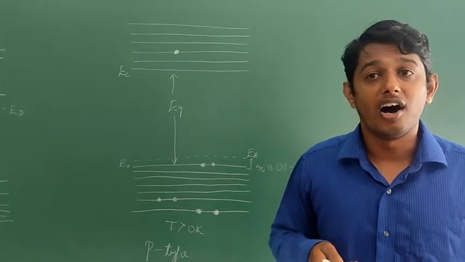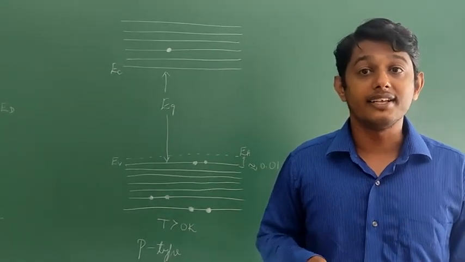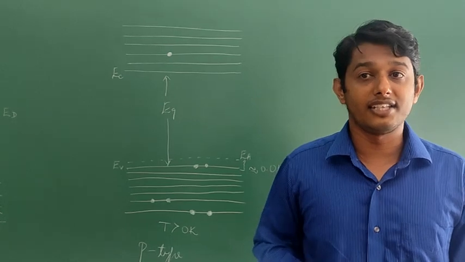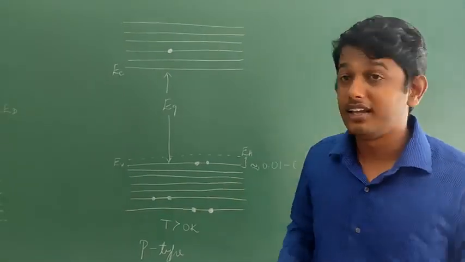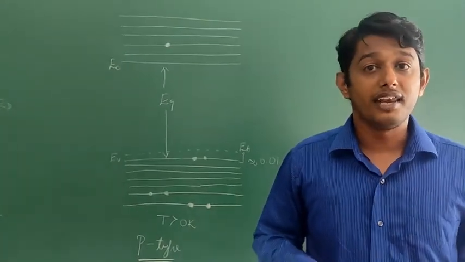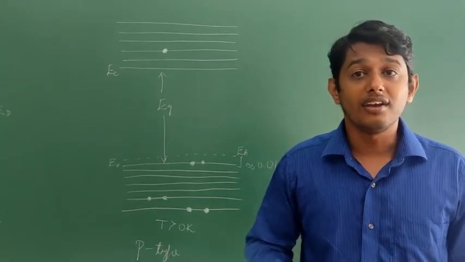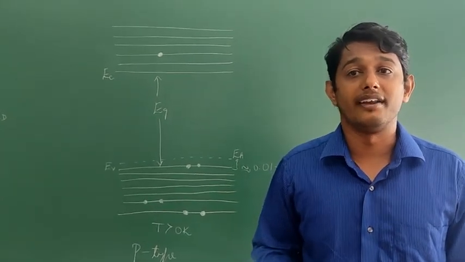That is, a hole from the level EA sinks down into the valence band.